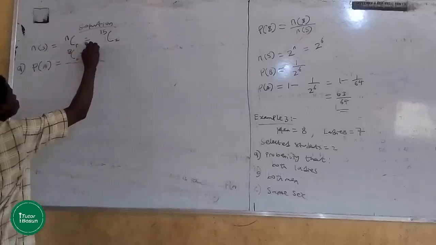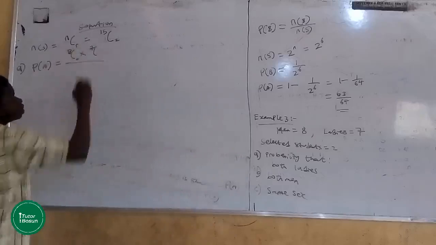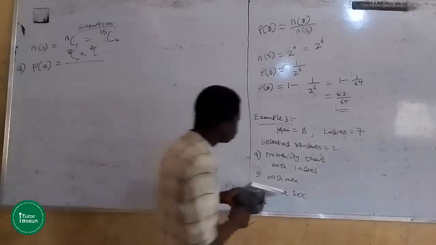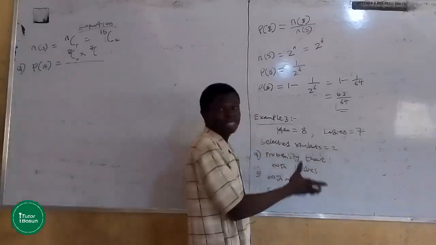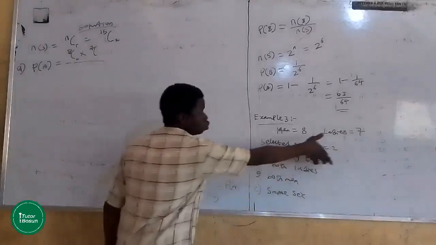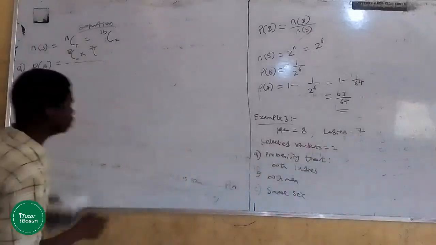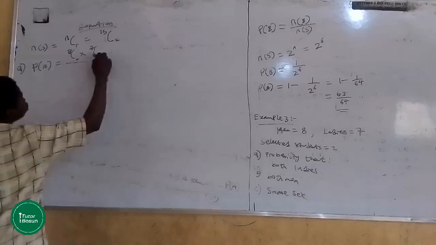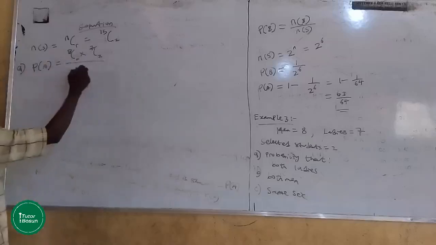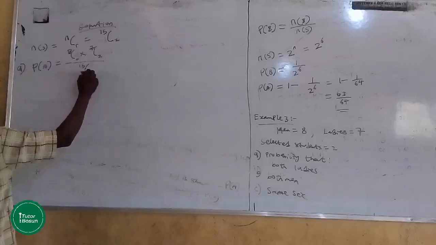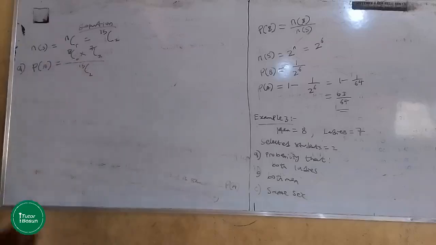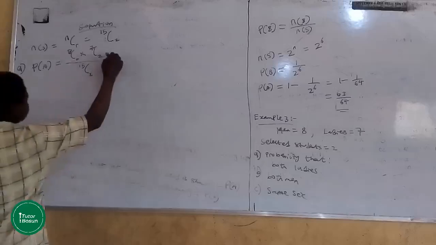So that will be 7 combination, what's the number of selected ladies? 2, because we want the two students to be ladies. So that will be 7 combination 2. And what's the total number of sample space? That's 15 combination 2.